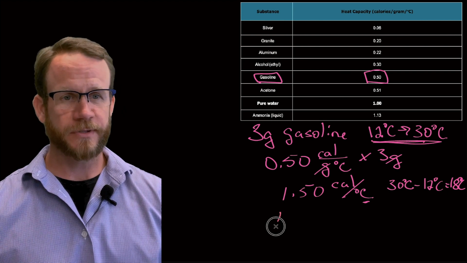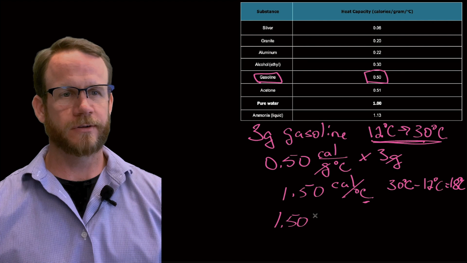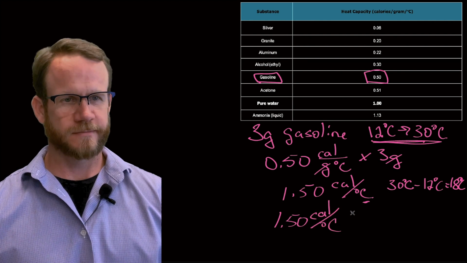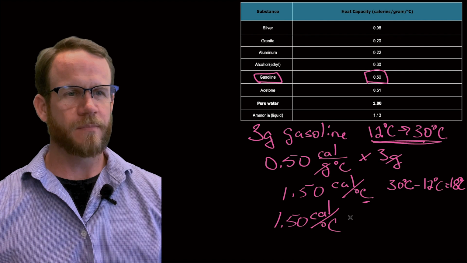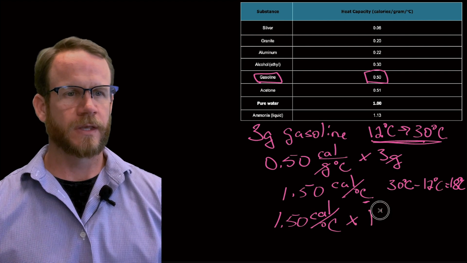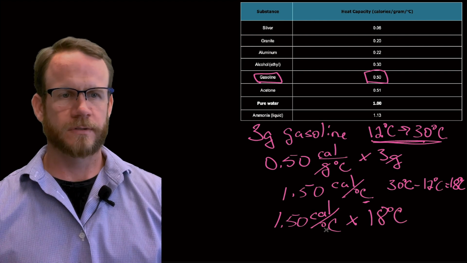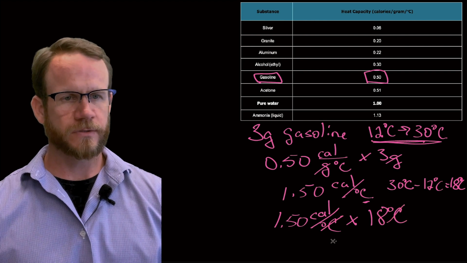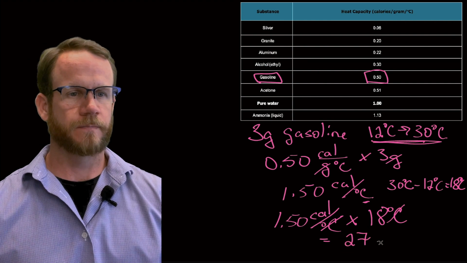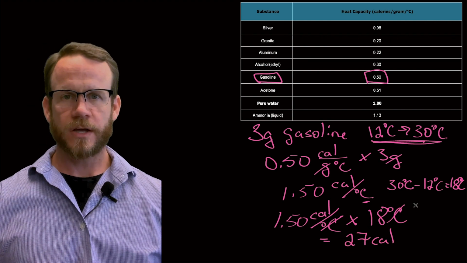Very simply, again, now I take my 1.50. Again, units. Don't drop your units. And I'm going to multiply this, because the temperature is on the bottom, by 18 degrees Celsius. The temperatures cancel, and that gives me, and I'm going to cheat again, 27 calories. So that's how you would go through that.